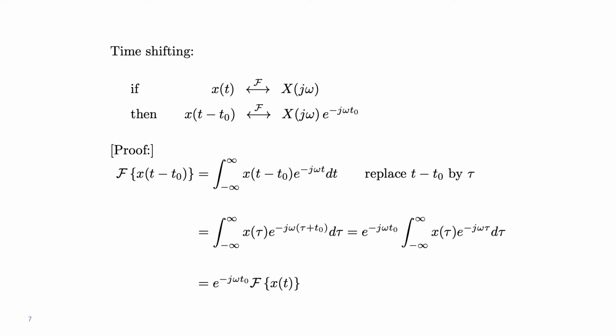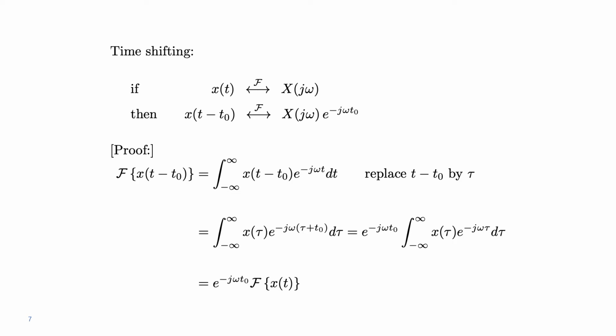So by definition, the Fourier transform of x of t minus t0 is given by the integral of x of t minus t0 e^(-j omega t) dt. So all we have to do here is just replacing the variable t minus t0 with a variable tau. If we do that, then we can simply rewrite the integral as the integral of x of tau e^(-j omega (tau plus t0)), which replaces t, d tau.